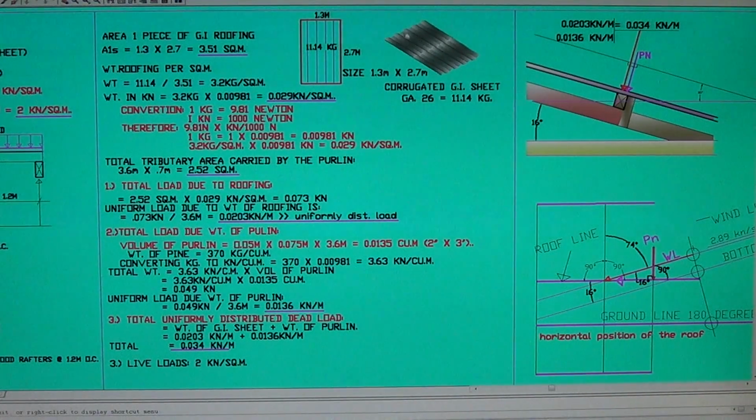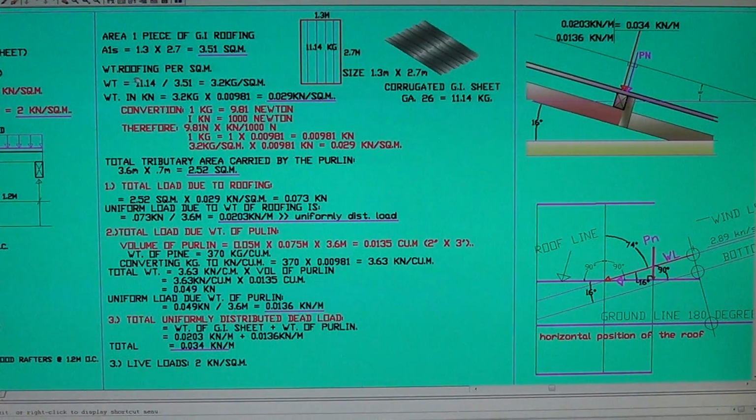11.14. We gotta solve for the weight per square meter of one piece. Okay, so the area of one piece of GI roofing is 1.3 times 2.7, which equals 3.51 square meters.